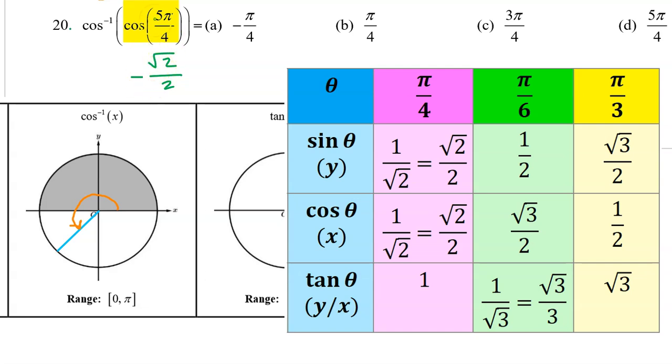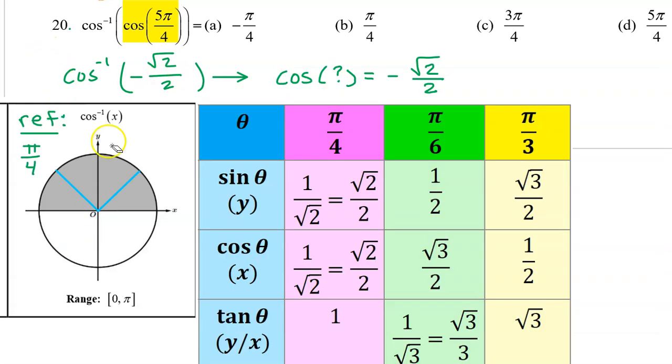Substituting this value in for the cosine of 5 pi over 4 gives us the arc cosine of negative radical 2 over 2. We can evaluate the arc cosine of negative radical 2 over 2 by asking ourselves the cosine of what is equal to negative radical 2 over 2. We already know that the reference angle is pi over 4 because of the inner function, and here are the two angles within the restricted range of arc cosine which have a reference angle of pi over 4.